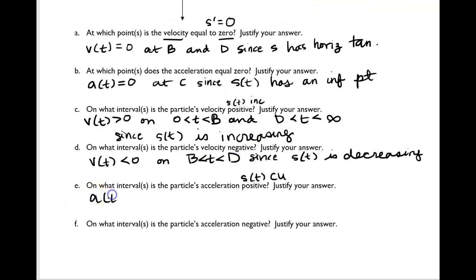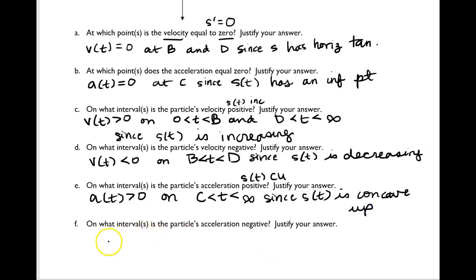So a of t is greater than 0 on c less than t less than infinity, since s of t is concave up. And then for the last one, where is the particle's acceleration negative? Same idea. a of t is less than 0, but we're going to say from 0 less than t less than c, the first part, since s of t is concave down.